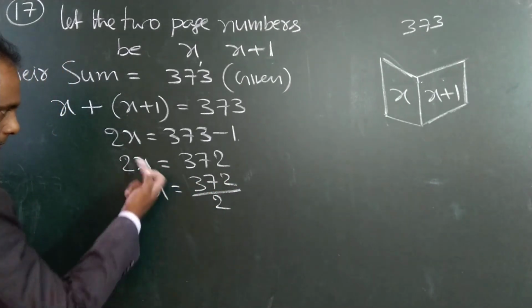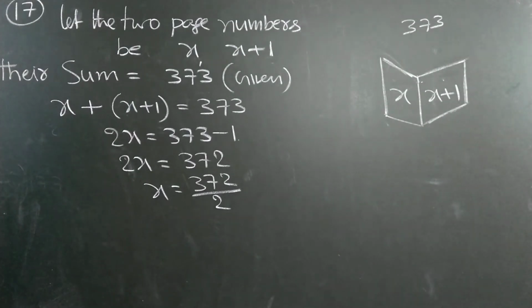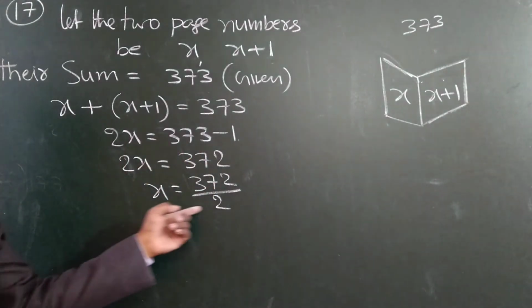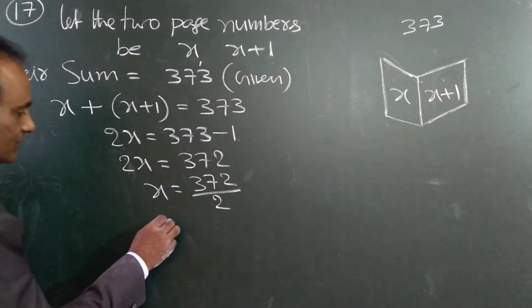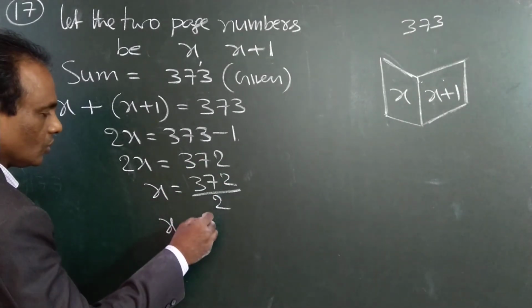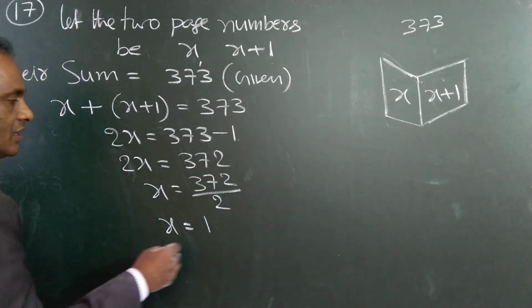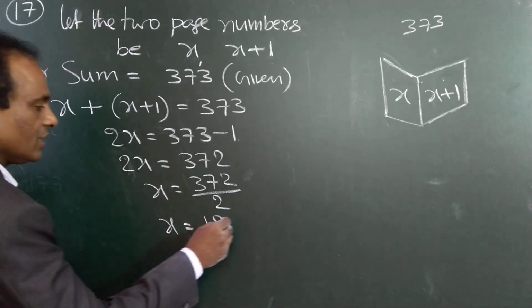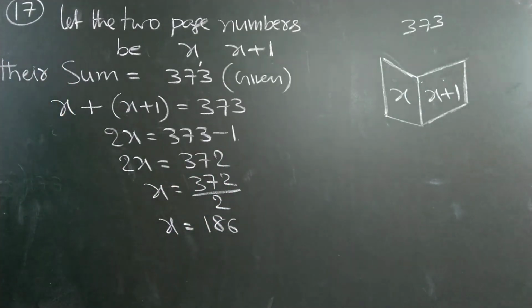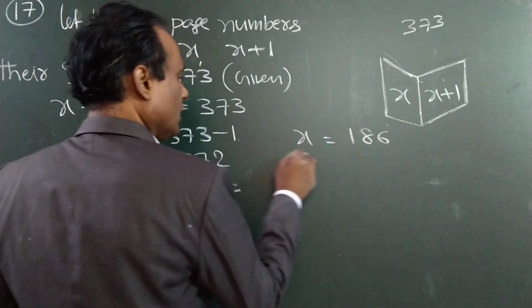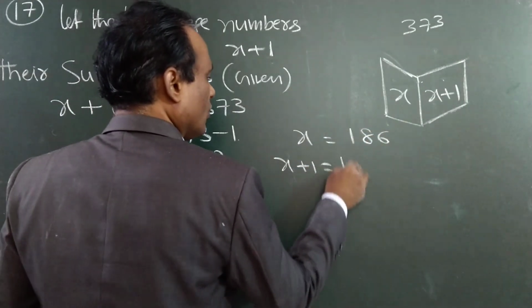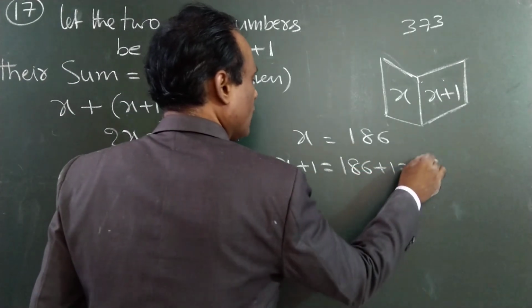Divide. 372 by 2: 2 ones are 2, 2 sevens are 14, 2 threes are 6. So x is equal to 186. x plus 1 means 186 plus 1 is 187.